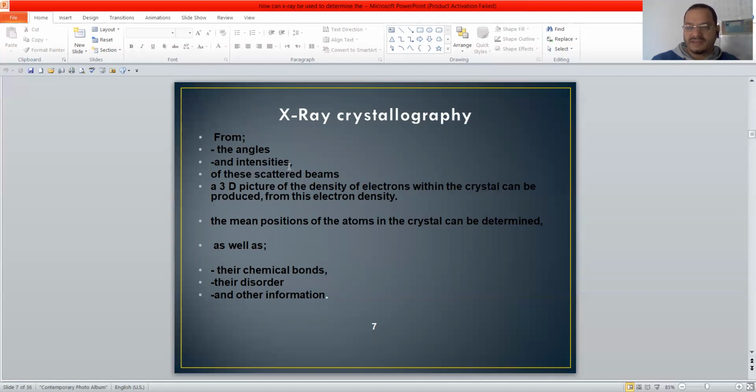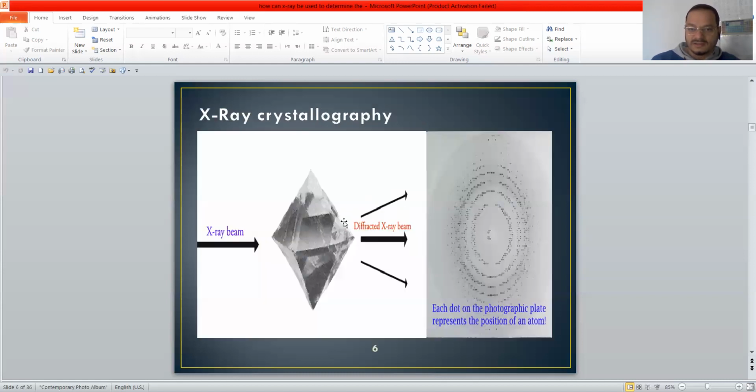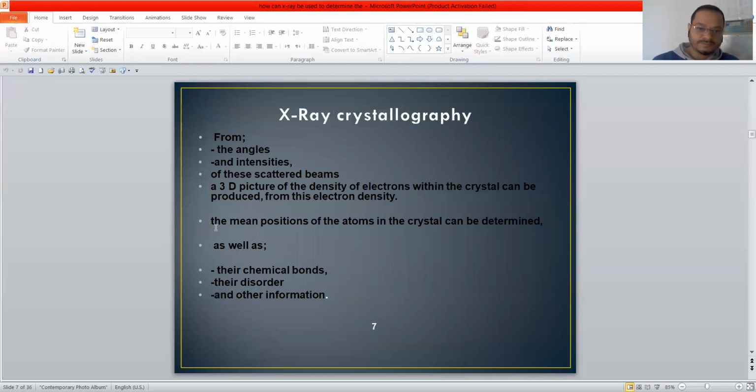The angles are different for all of these three beams, and the intensities of all of these are different here. It's clear that one is stronger than the other, on the left and the right, because of these different angles and intensities of all of these beams, we will see an image on this plate. I will explain the rest in the next slides.